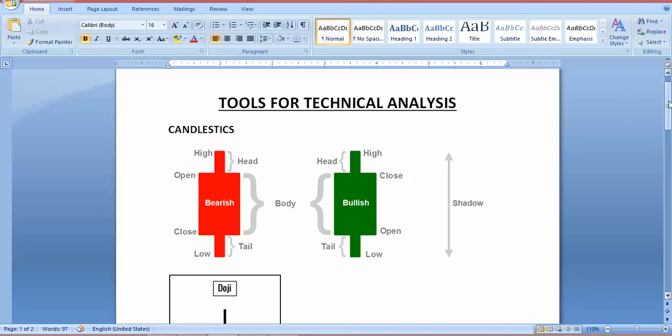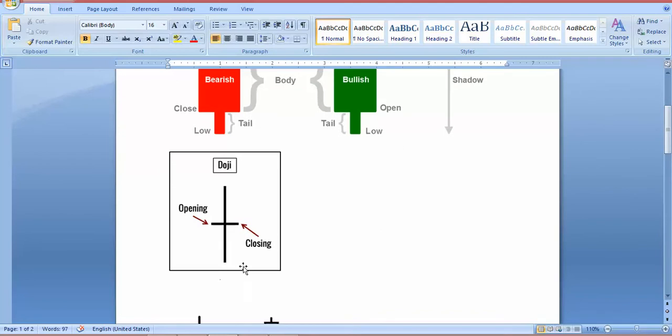Let's look at the first one, the doji. The doji basically is an indecision candle because the price opens and closes at the same place.